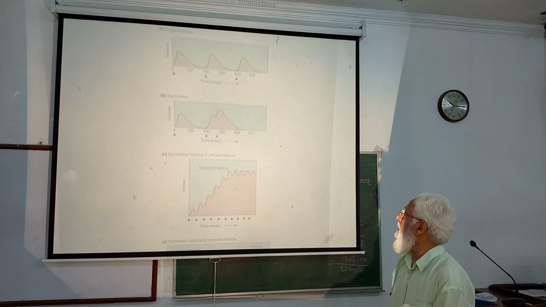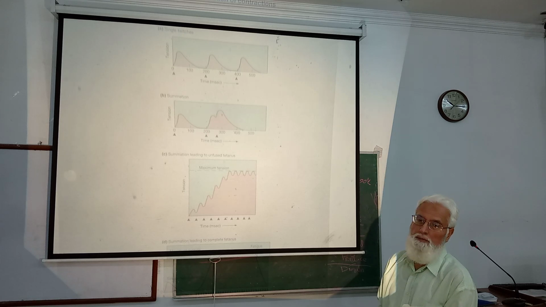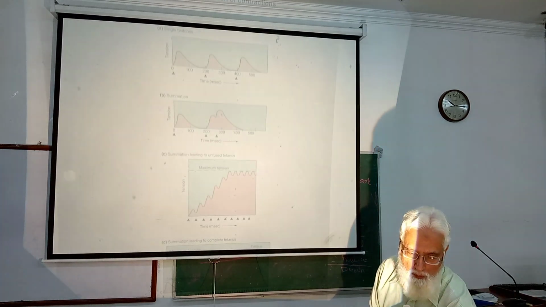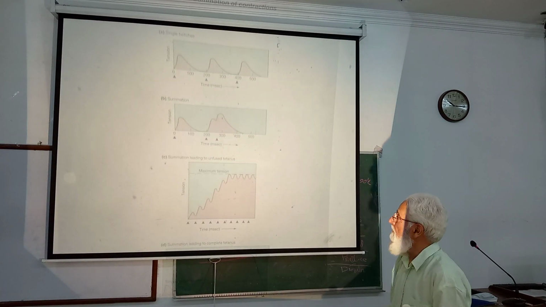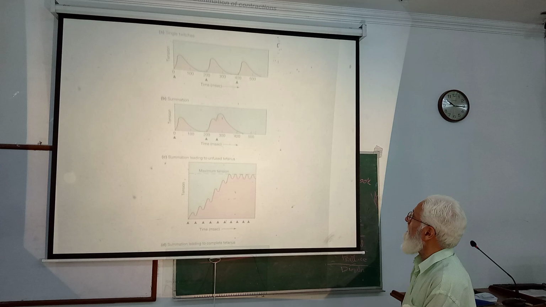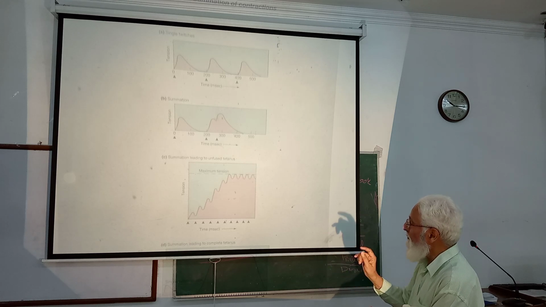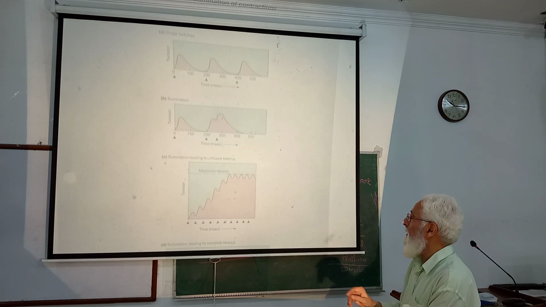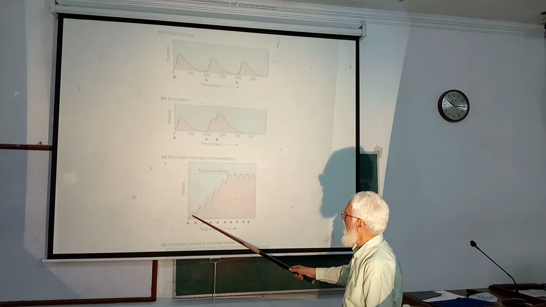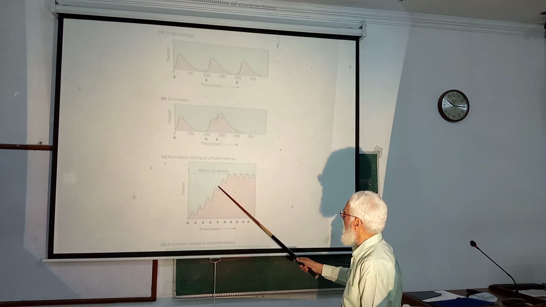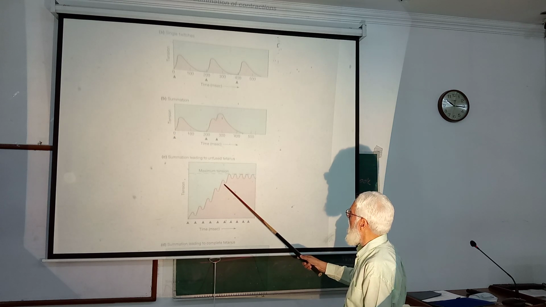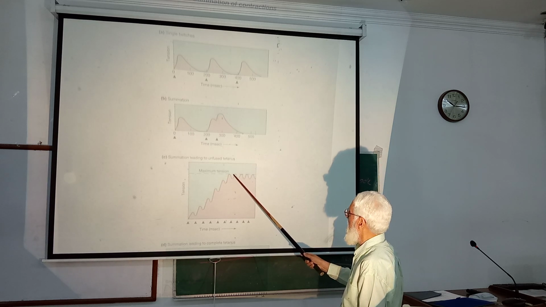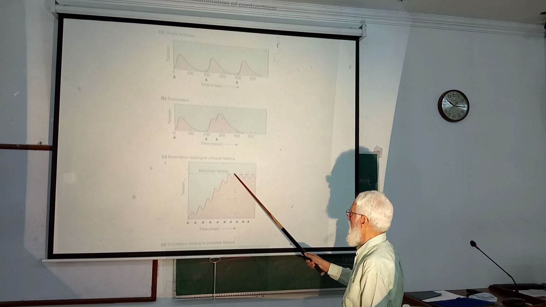When stimuli are applied to the muscle at a frequency below the tetanizing frequency, there is a progressive increase in the muscle tension till it becomes constant, till there is a plateau.